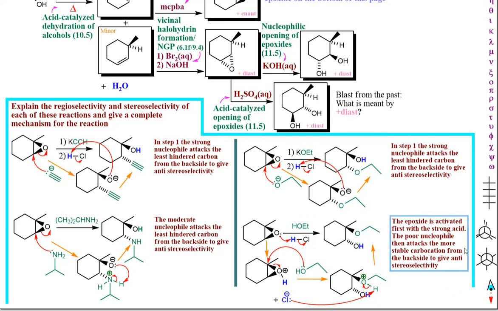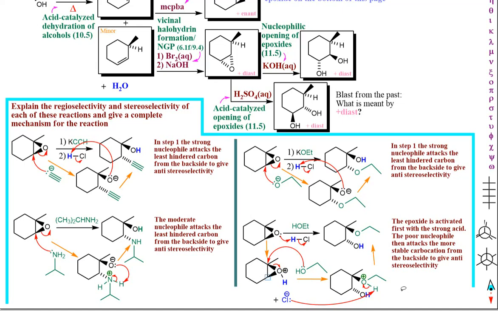And then the poor nucleophile, which was otherwise uninterested in attacking an epoxide, attacks the more stable carbocation. That's the secret here. Once you get to cations, which of those 2 carbons is the better cation? It's that one. This one's less hyperconjugated. And that is the end of the story.